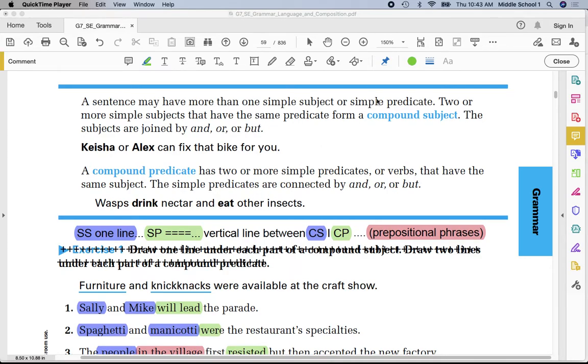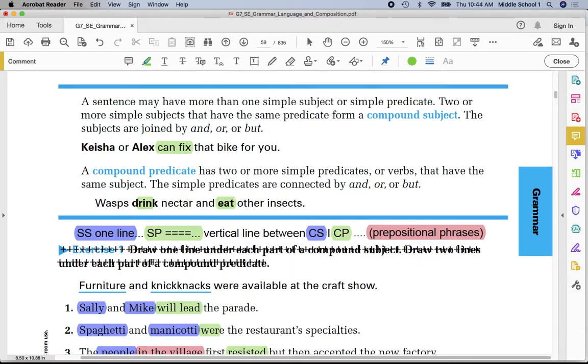You're going to notice inside of these sentences that there is a separation in between those things that are simple subjects and simple predicates. So when we're going through our exercises, we want to be able to see the difference between those things which are subjects and those things that are predicates.